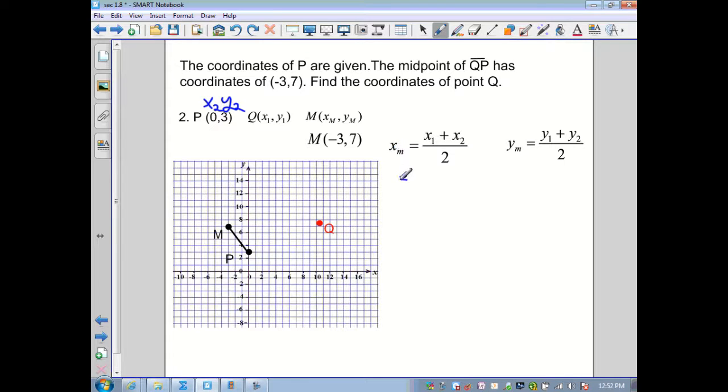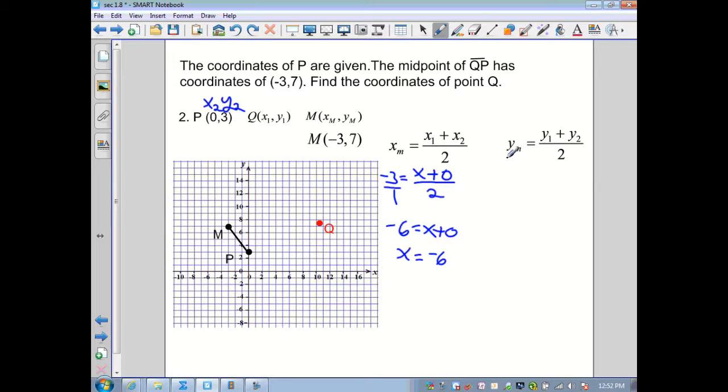Here, x sub 1 is still unknown, so that's still going to be x, plus x sub 2 is 0, all over 2. And our x midpoint is negative 3. Creating a proportion and cross multiplying, I get negative 6 equals x plus 0. Therefore, x is equal to negative 6.